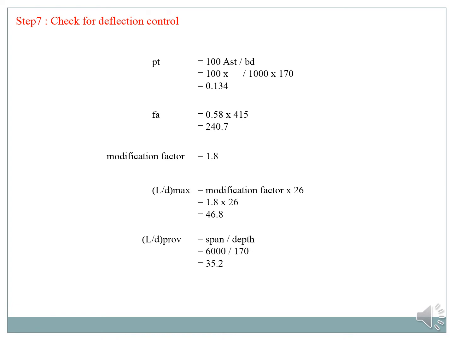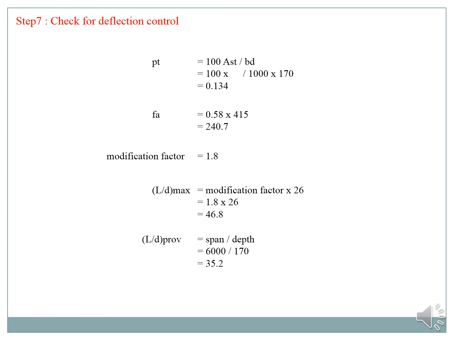This modification factor is taken from the code book IS 456 2000, page number 35, 36, 37 and 38. Check the 4 pages. Some of the graphs are there. So from PT and fs, you got a modification factor 1.8. So L by D maximum is 46.8.